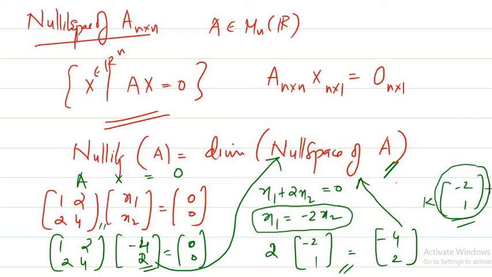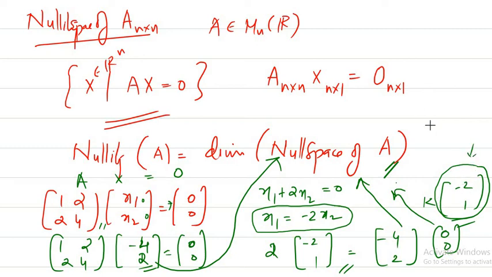So this will form a basis for this null space, and you can also see if I put x equal to 0, 0, this equation is satisfied, right? So 0, 0 also belongs to this null space. Okay, so we got a null space of A now, with one vector capable of generating all other vectors.